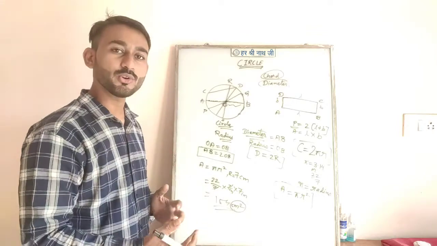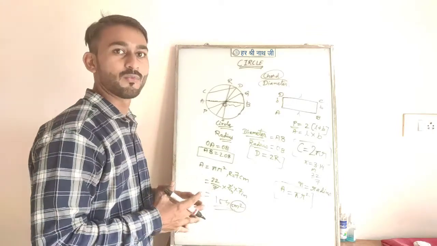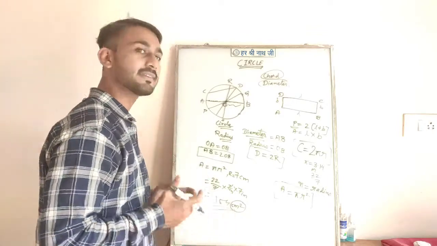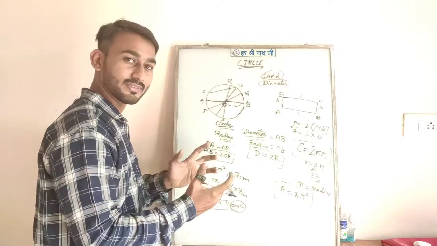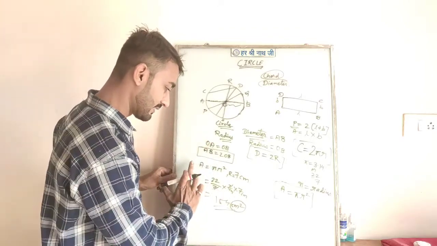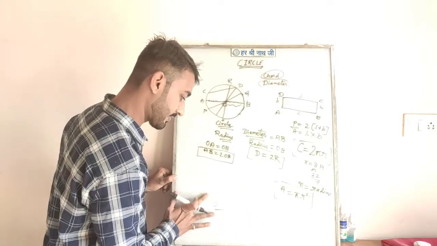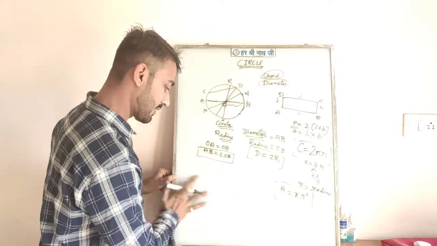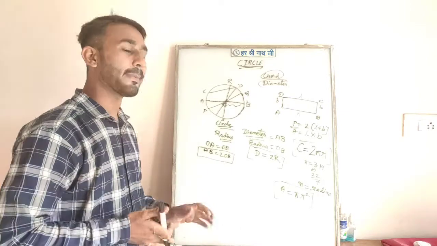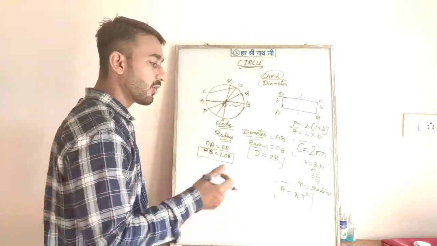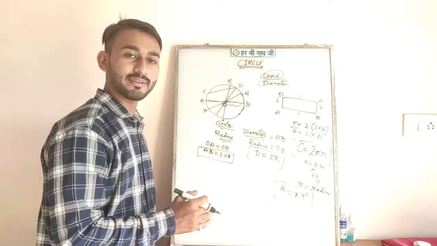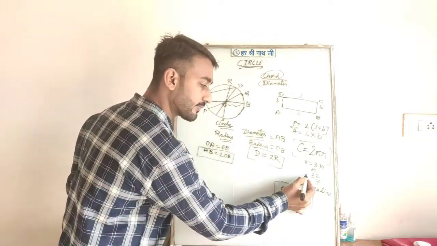Now let me explain another concept of pi. What actually pi is, and this is the most interesting part of this video. You might ask why pi is 3.14 or why it is 22 by 7, why the value is fixed, constant.